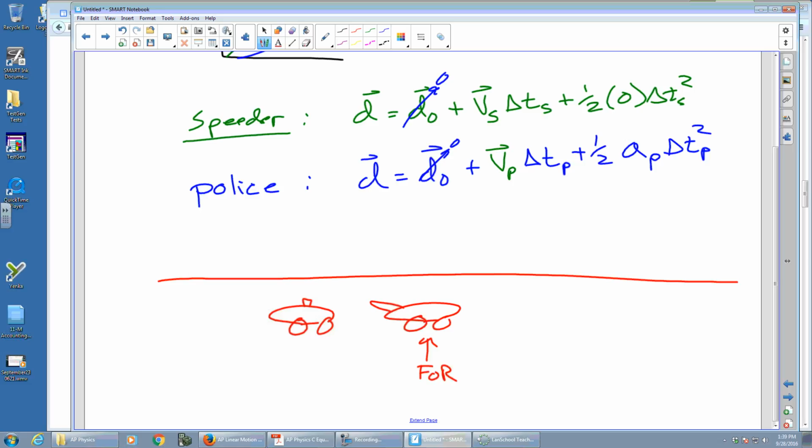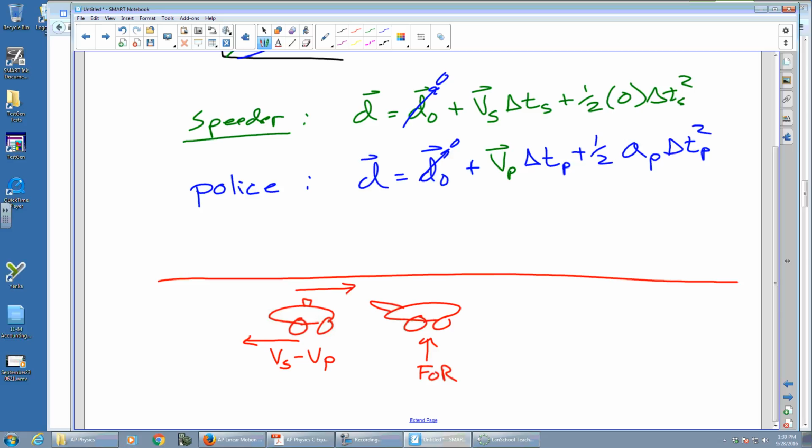From the frame of reference of the speeder, the initial velocity of this car would be negative. It'd be the velocity of the speeder minus the velocity of the police, right? Because it's going slower, so it's going to be in the opposite direction.